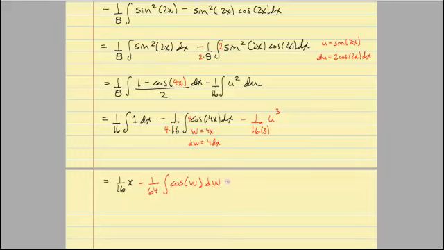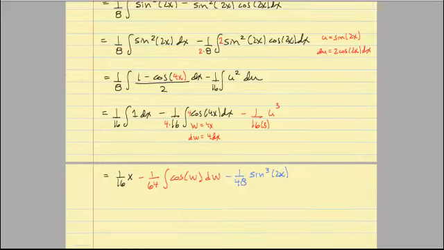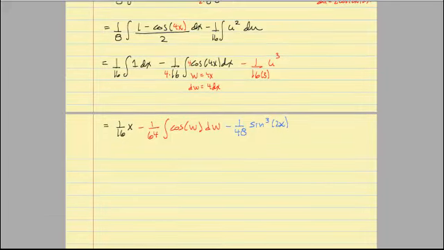Now for this next piece, I've already integrated it, I just need to rewrite it. 16 times 3 is 48. u cubed, but u in this case was sine of 2x, so this would be sine cubed of 2x. So I'm getting closer. Let's see if we can get this simplified to match our other solution.